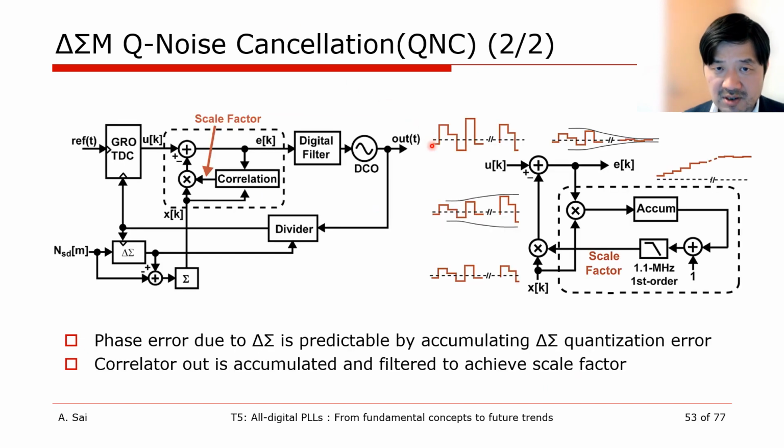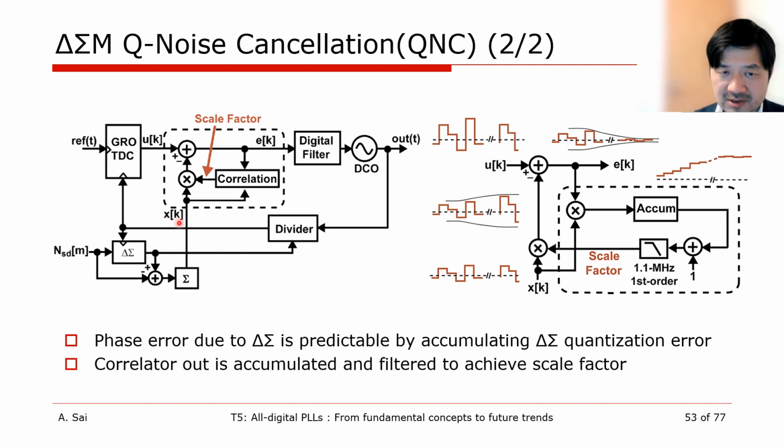This slide shows the detail of the quantization noise cancellation circuit. Quantization noise of the delta sigma divider is manifested in the GRO output signal, the phase error signal UK, as a scaled version of the accumulated quantization noise XK. Just scaled.